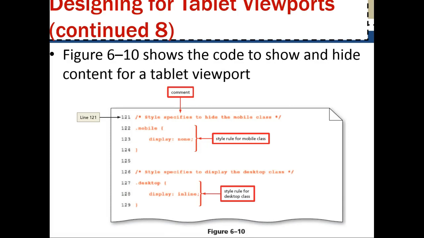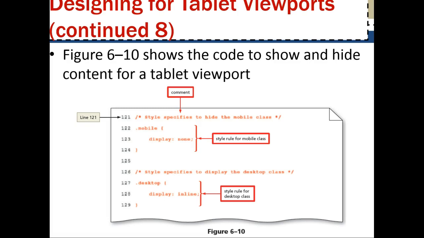The next figure shows the code to show height content of a tablet viewport. Here again, you start with the comment, and then in line 122 you put .mobile, which displays the rule for the mobile class.